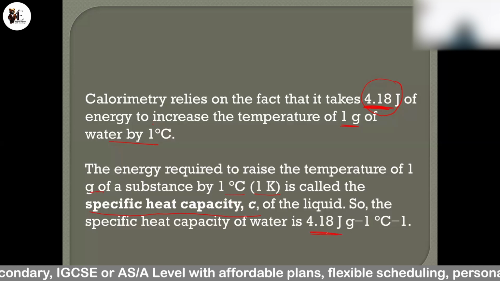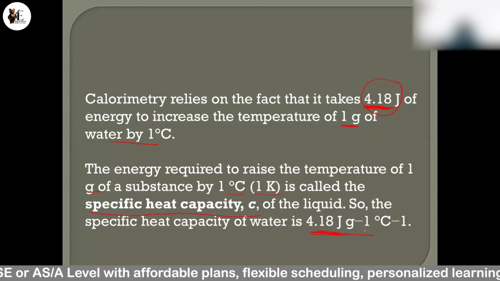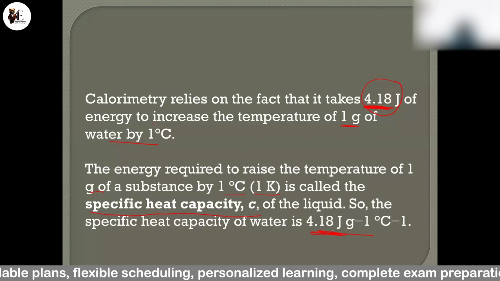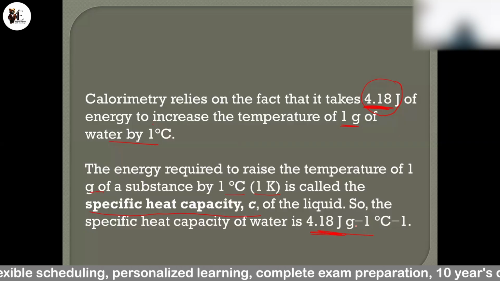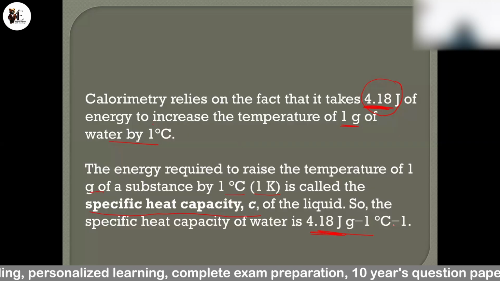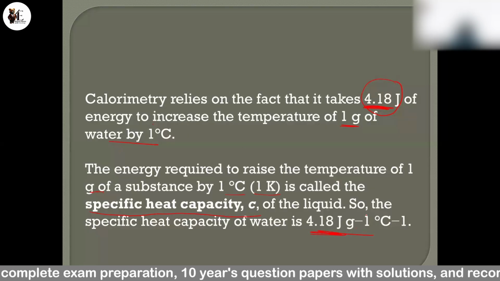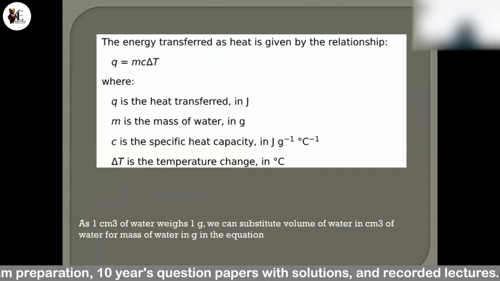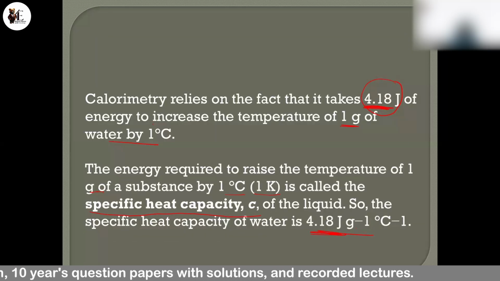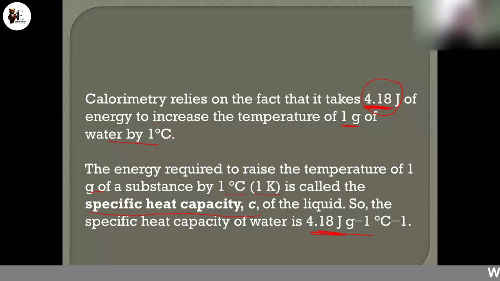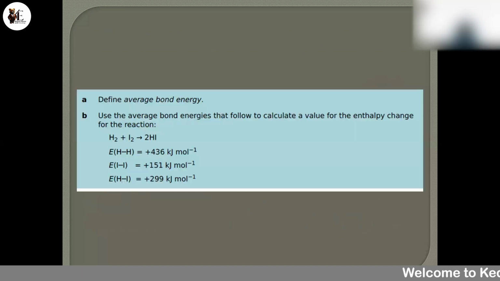For water it is 4.18 joules per gram per degree Celsius. 4.18 is the energy per gram, meaning 1 gram of the substance, and degree Celsius means it raises the temperature by 1 degree Celsius. Is it clear? Any doubt? Write it down.